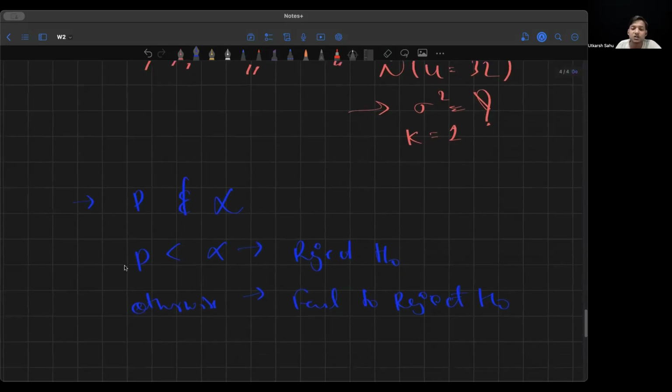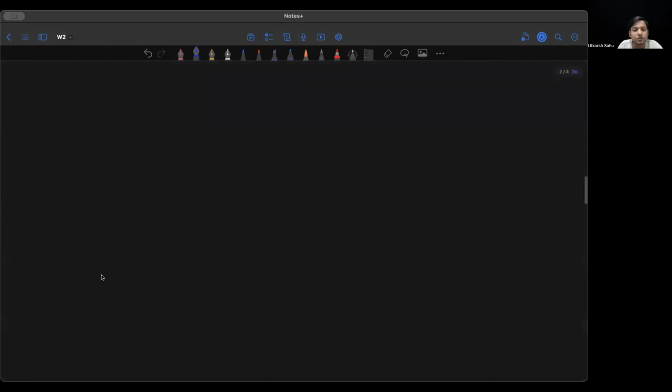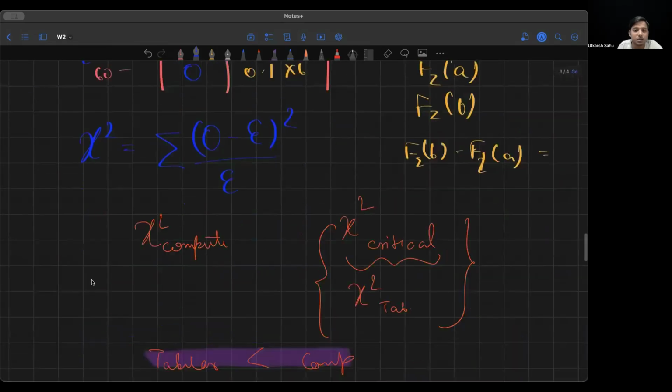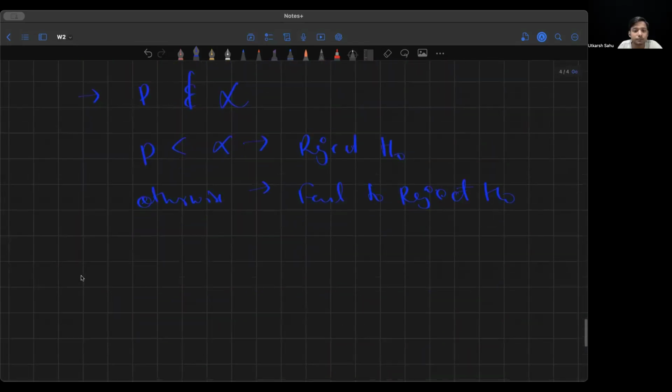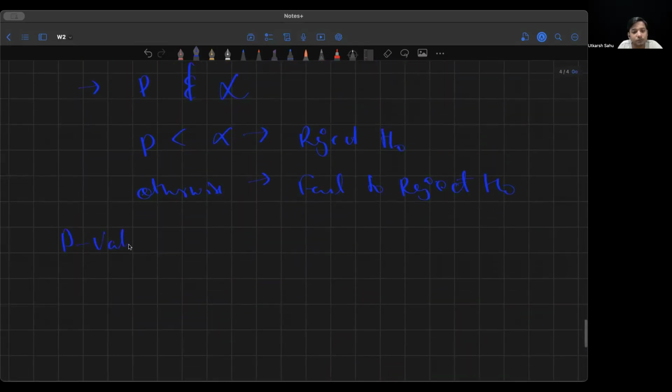So, what is the p-value? Let me go down. What is the p-value? The p-value is basically the probability of observing the given sample when H naught is true.